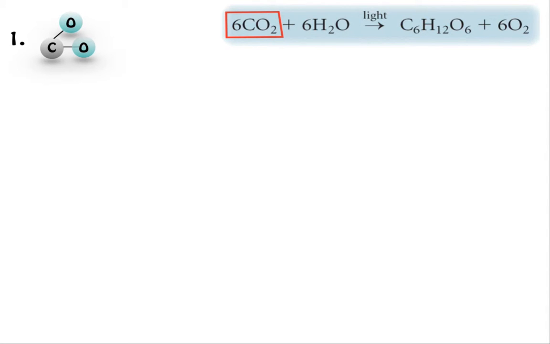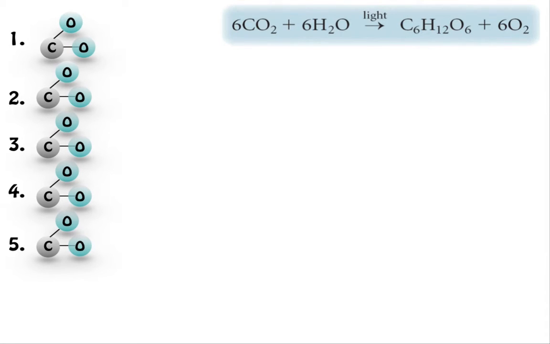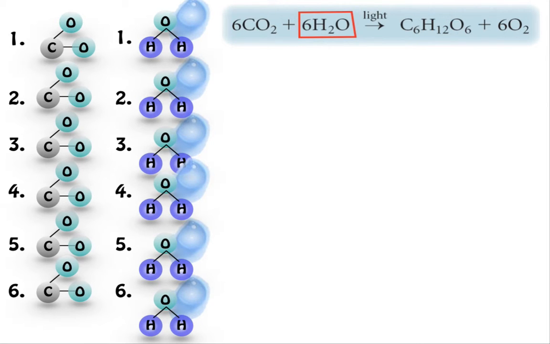Let's take a look at that left side of the equation. As you can see here, you have the coefficient 6, so that means we have 6 total carbon dioxide molecules, and in addition you have 6 H2O molecules, or water molecules.